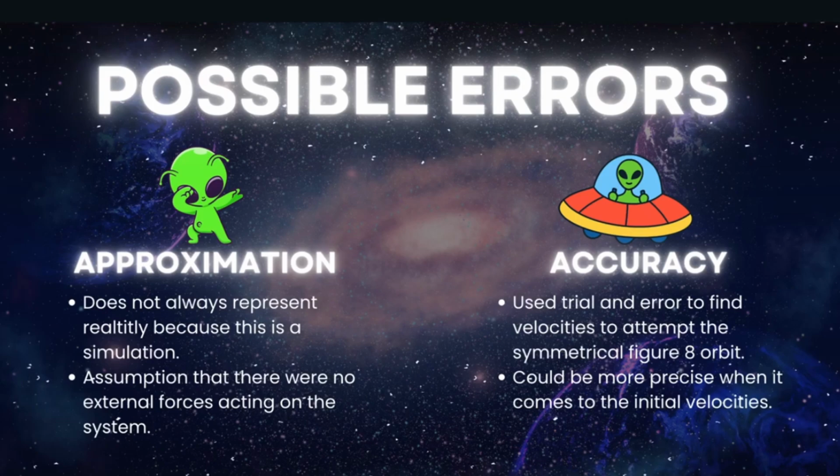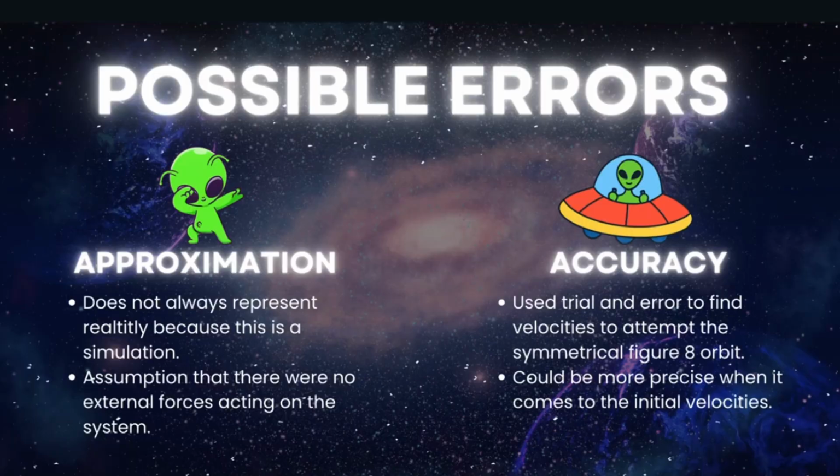Some possible errors for this lab. There are a lot of approximations, so not everything is accurate simply because it's a simulation, and there are a lot of assumptions based off of this simulation. And then just accuracy. I used a lot of trial and error to find the velocities in order to try and get a symmetrical figure-8 orbit, so it didn't work out quite perfectly.